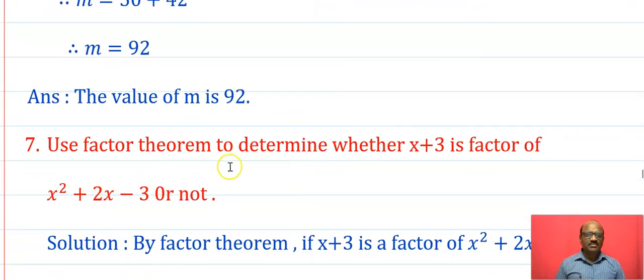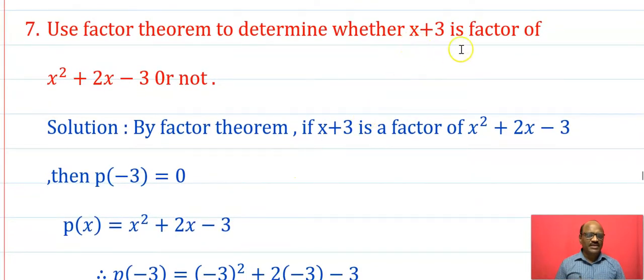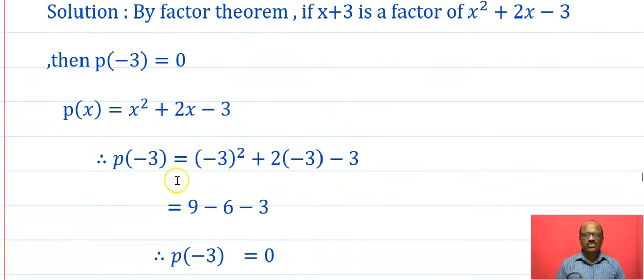Use the factor theorem to determine whether x plus 3 is a factor of x square plus 2x minus 3 or not. If it is a factor, then its value is 0. Now see this here, by factor theorem, if x plus 3 is a factor of x square plus 2x minus 3, then p of minus 3 is equals to 0. We write the polynomial and replace x by minus 3.